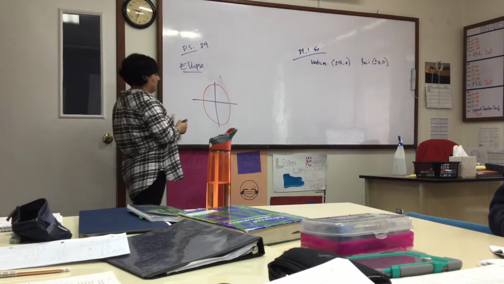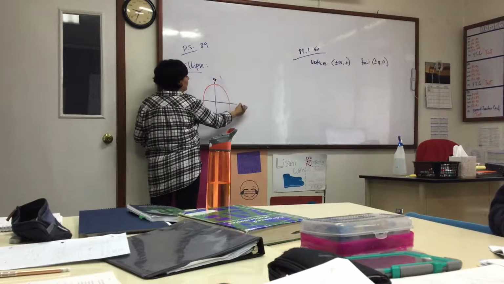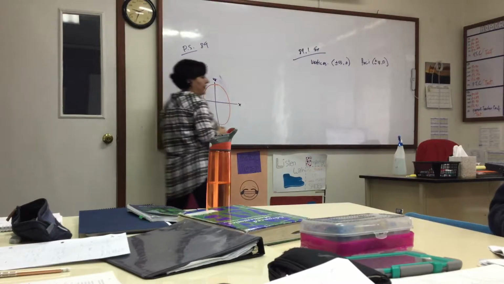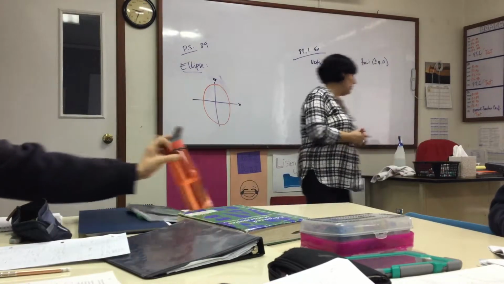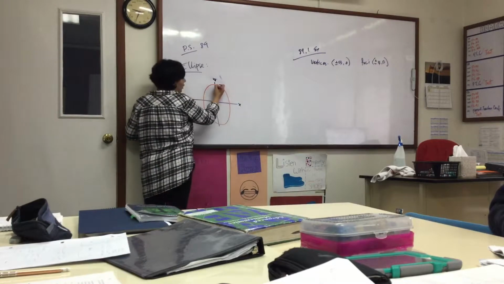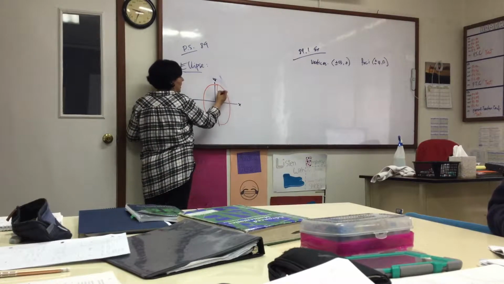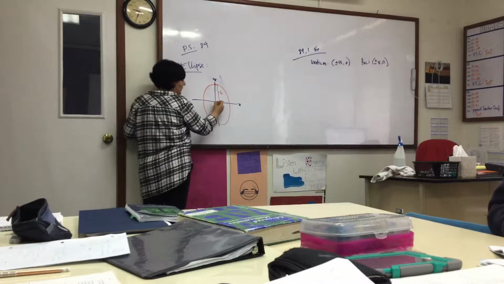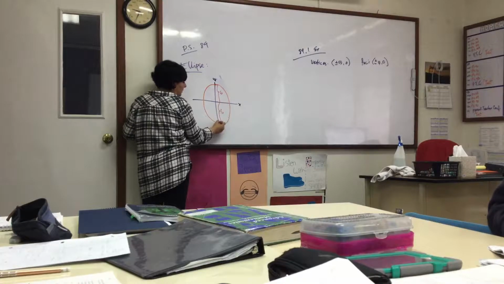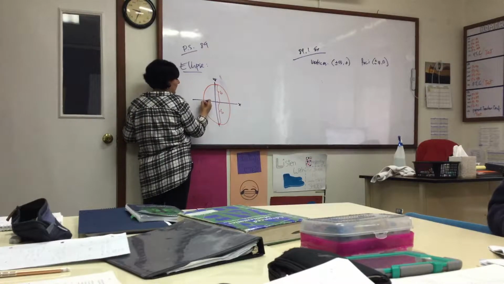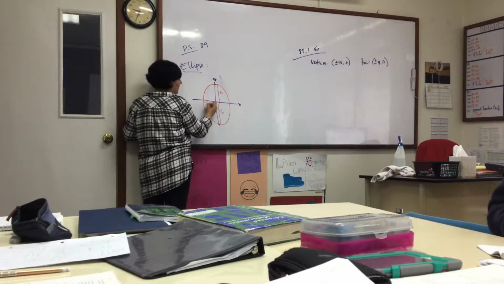Let's say that's the ellipse. And this is Y, this is X. And we know that this one here is B. This is also B. This is A, right?